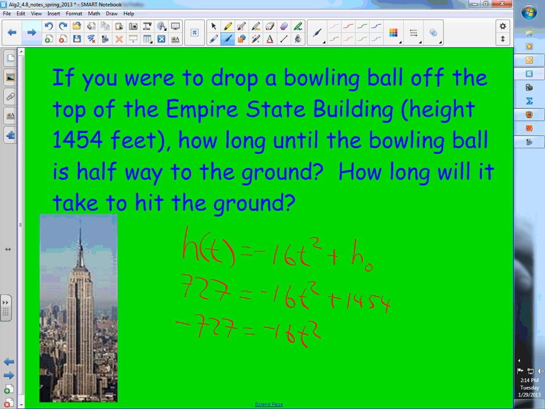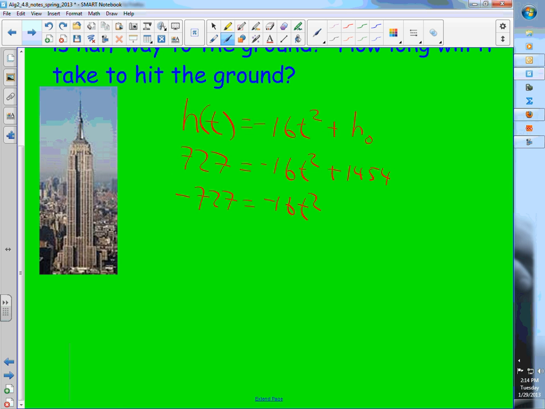Divide both sides by negative 16. We get 727 over 16 equals t squared. And then square root. So you get the square root of 727 over 4 is equal to t, and that's plus or minus. Now, is 727 a perfect square? Can't imagine.